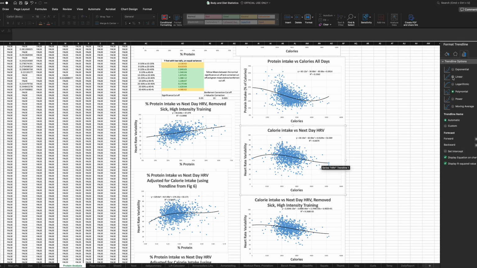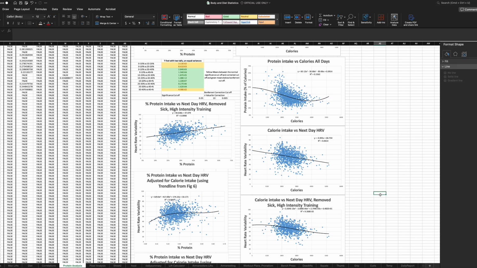Yes, it's a negative correlation with calories and the next day heart rate variability. It's probably because of digestive effects. Like, as I eat a huge amount of calories, it's a little bit affecting the digestion. Who knows exactly, but I'm not going to speculate here about why it's happening. I just want to know what happens, right?